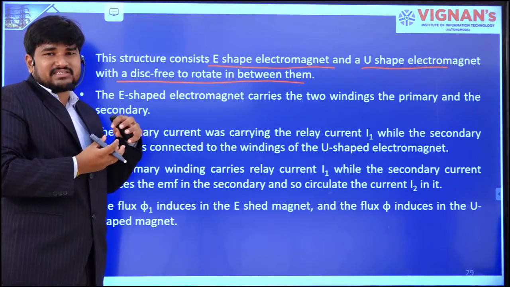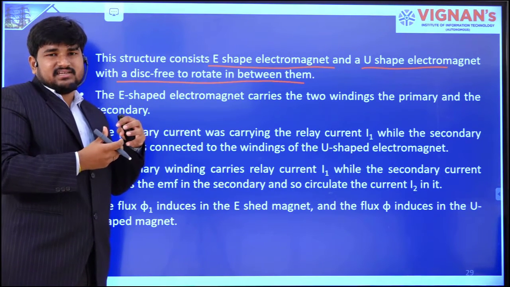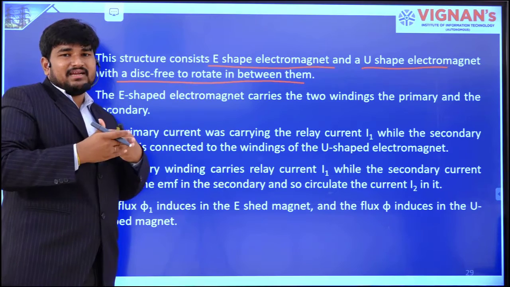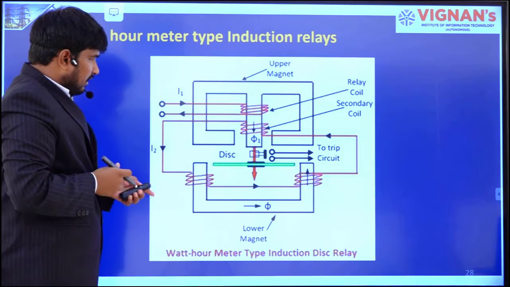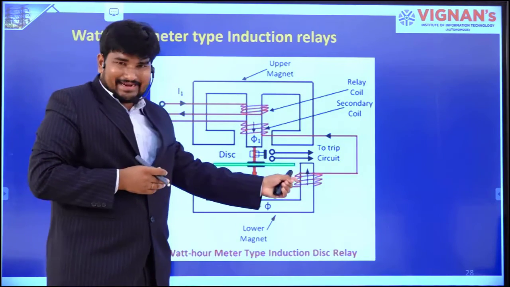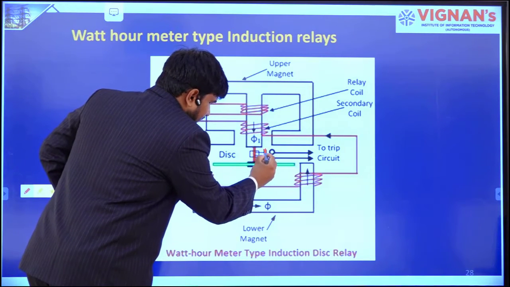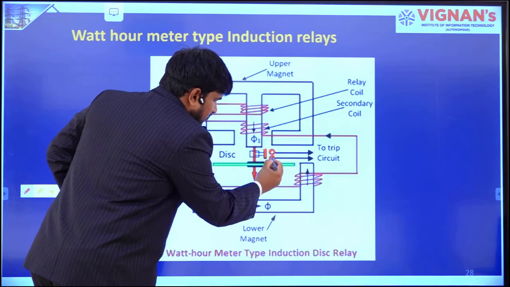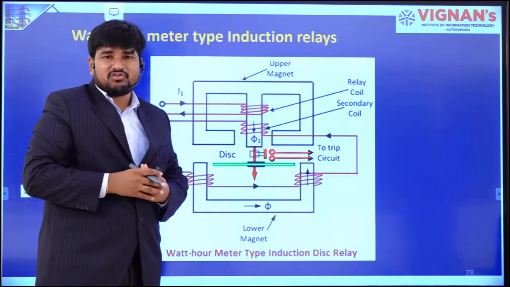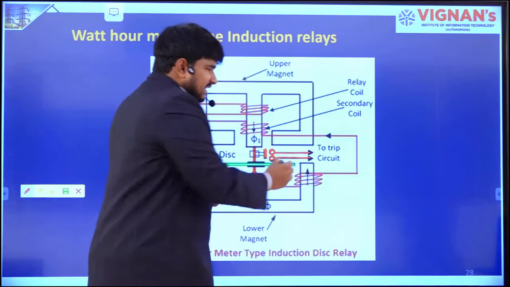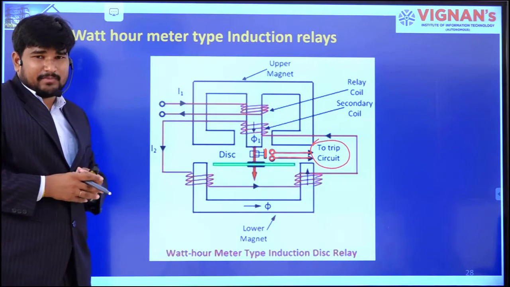With the interaction of these two fluxes, the disc will rotate, and whenever the disc rotates, the moving contact will touch the fixed contact. Hence a trip signal is generated to the circuit breaker, right?